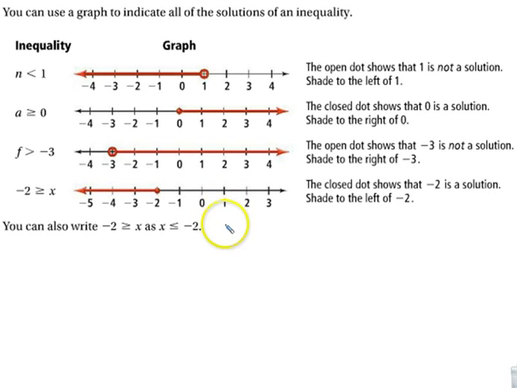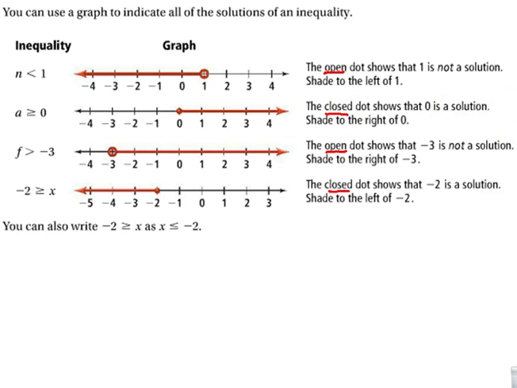Okay, graphs. The inequality points in the direction the graph is supposed to go. So you see how it's pointing to the left, so we do it to the left. And then we have whether it's going to be an open circle or a closed circle. You'll notice that we have open circles and closed circles.